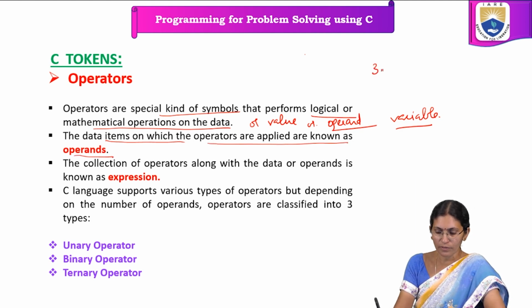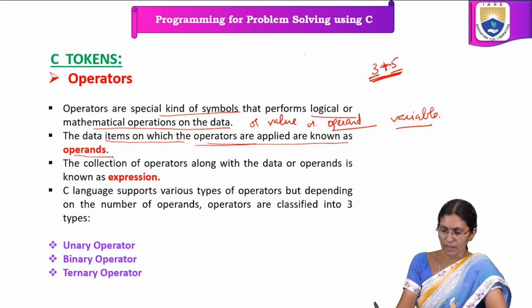For example, if we want to perform a mathematical operation like 3 plus 5, that is addition of 3 and 5, then plus is the operator which we are using. Here 3 and 5 are called operands, the data items or variables on which the operator is applied.